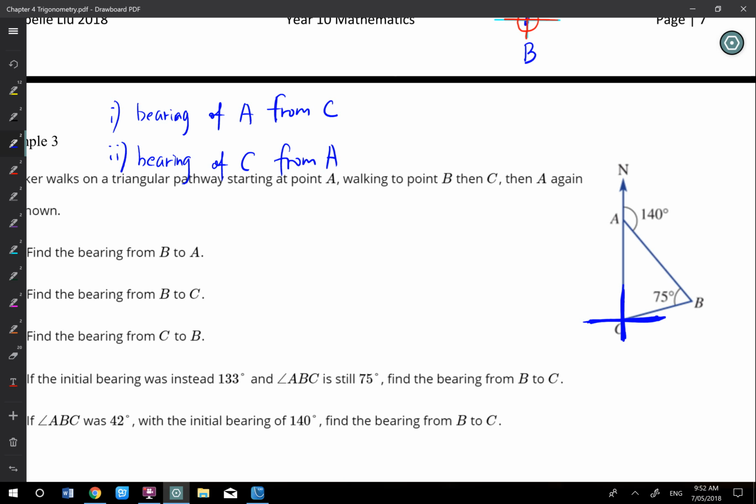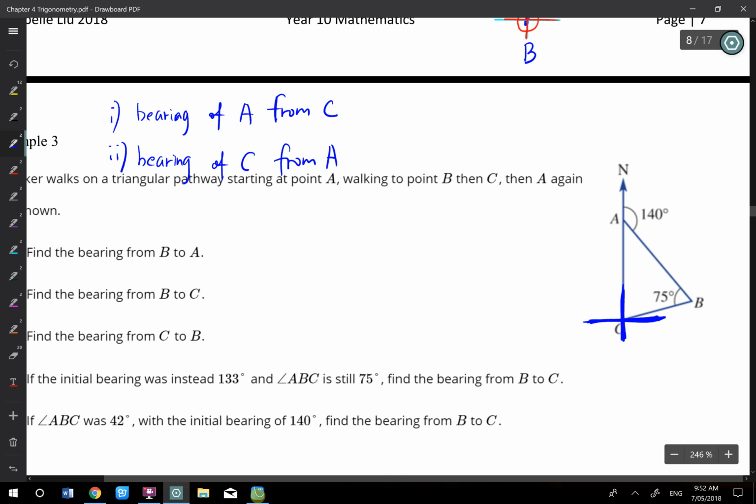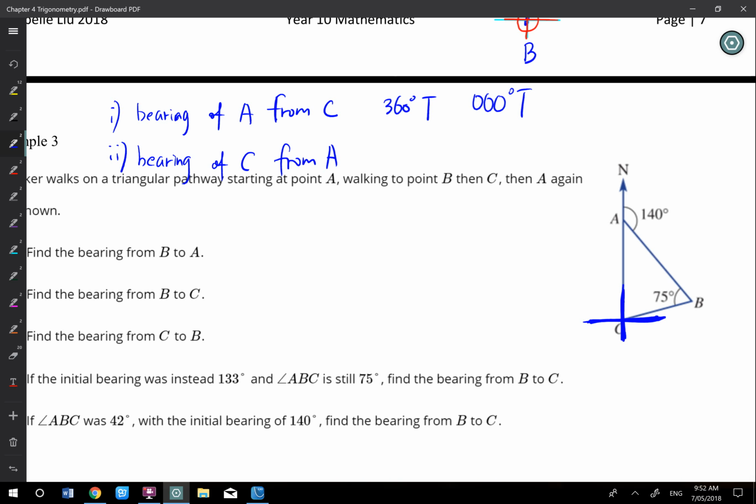I can say that's 0 bearing, or I can say that's 360 bearing. They're the same thing, because it's either no angle at all or a full circle. Maybe I would say 360 degrees true bearing because it needs 3 digits, otherwise I would say 000 degrees true bearing. That's quite weird, but they normally don't ask you questions like this.